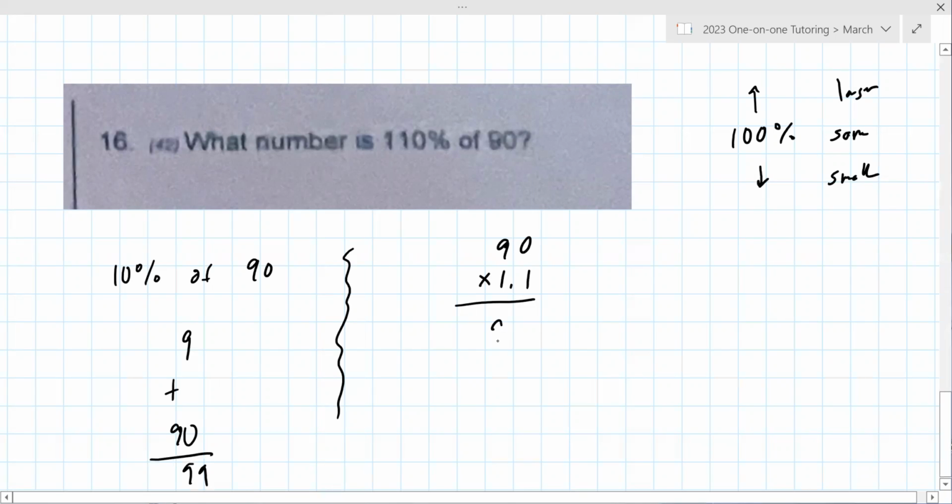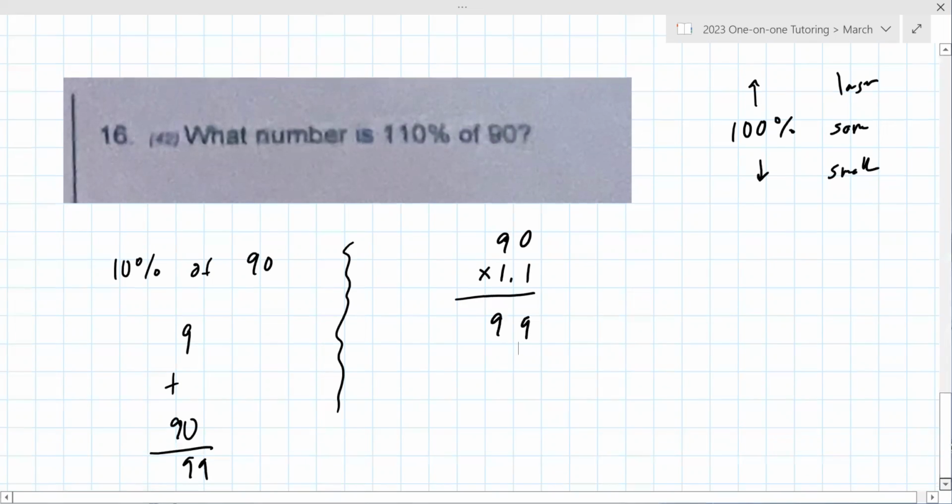Both give you the same result. The one on the right requires you to move the decimal around a bit. Are you comfortable with that, or should we talk about how to do that? I mean, I'm comfortable with it. Okay, and I'm just asking, it's not anything more than that.